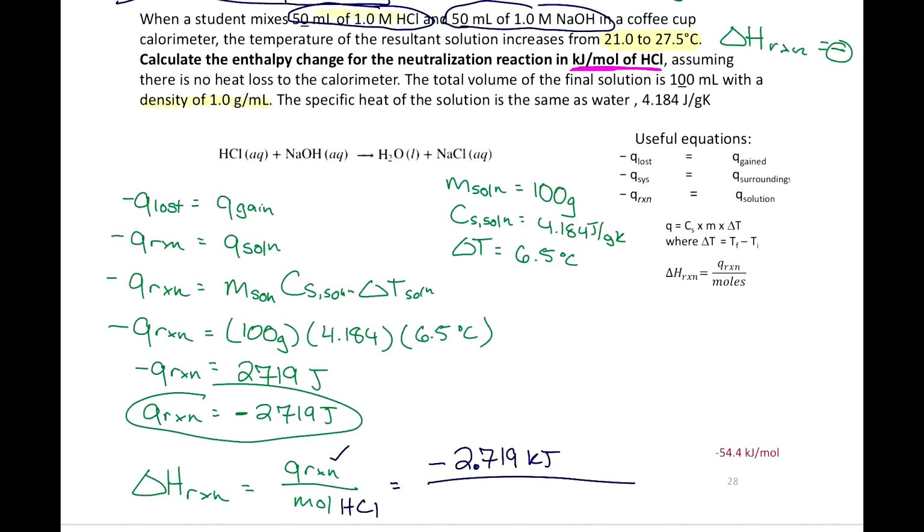So we can take the volume and concentration of HCl and determine how many moles are there. So this denominator is 0.05 liters of HCl multiplied by its molarity, 1 mole of HCl per 1 liter. So this whole denominator is 0.05 moles of HCl.